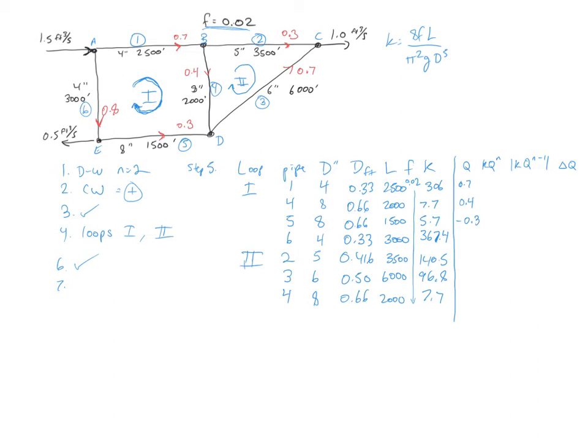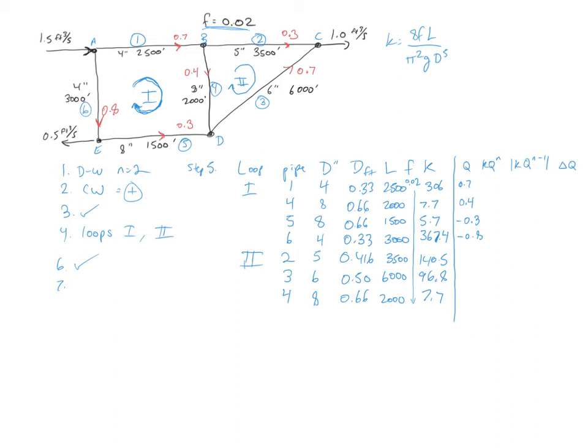For pipe 6, same thing, it's going against, so I'm going to call it negative 0.8. Now this is where there's a couple different ways people do Hardy-Cross. This is the way I do it. You can do it where all the flows remain positive and you deal with the negative issues later on, but as long as you're consistent, you can do it either way. This is the way I'm going to teach you.